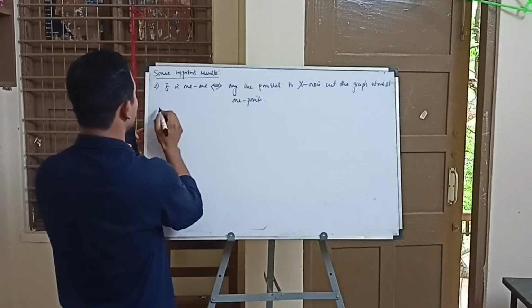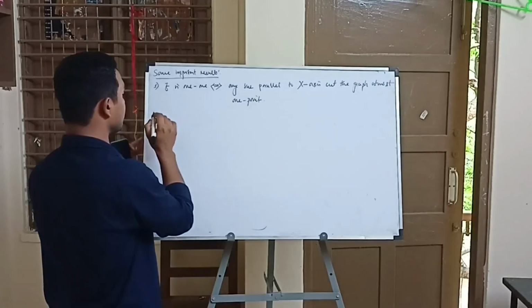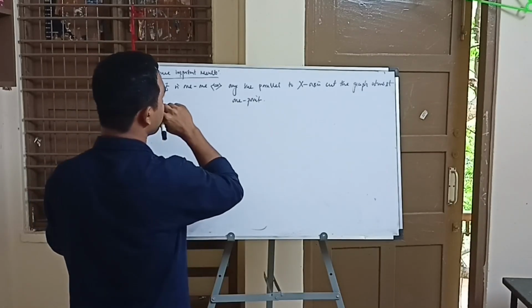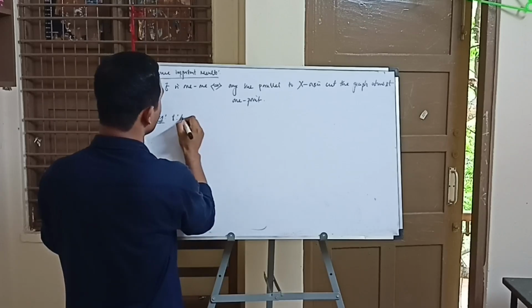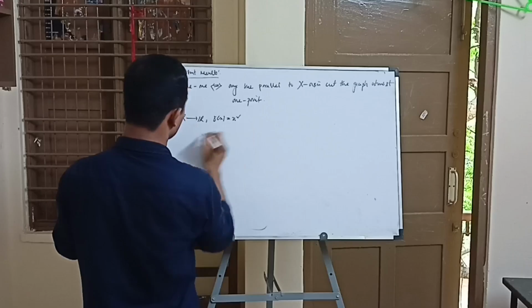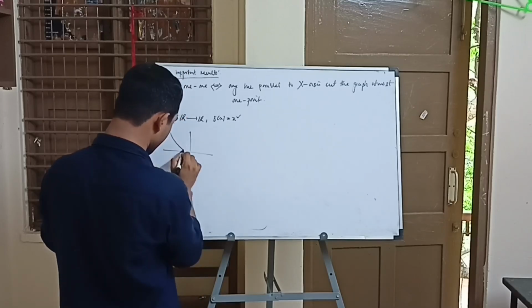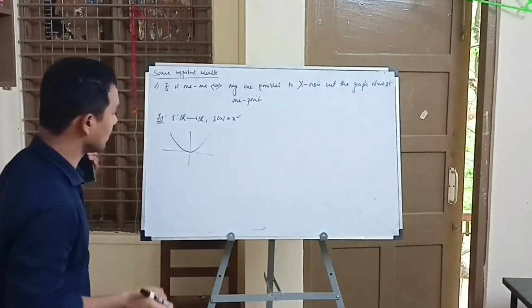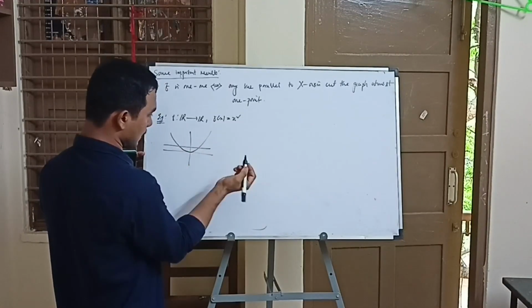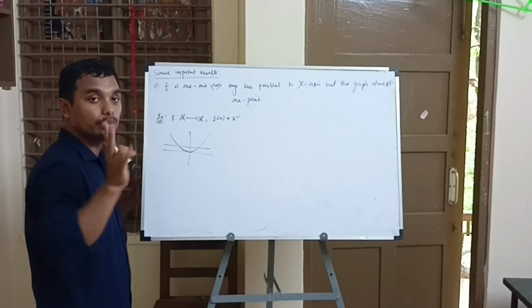Okay. Let's understand these results with the help of a few examples. f from R to R, f of x equal to x square. Correct? The graph of this function is like this. If we draw any line parallel to x-axis, suppose this line, it cuts the graph at 2 points.